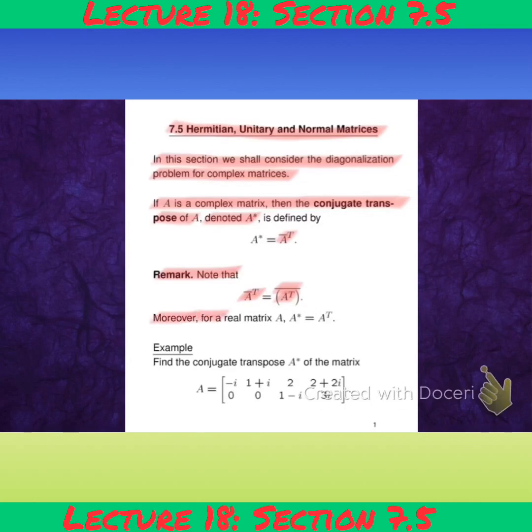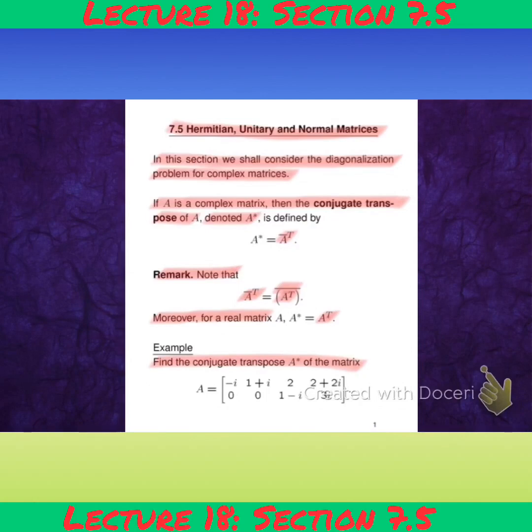Also, for a real matrix, the conjugate of a real matrix is the matrix itself, and then the transpose of that is the conjugate transpose. I'm not going to do this example here. It's a straightforward application of what we just did: you take the conjugate of A, and then you take the transpose of that matrix.